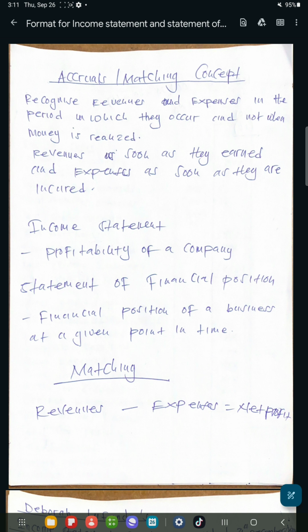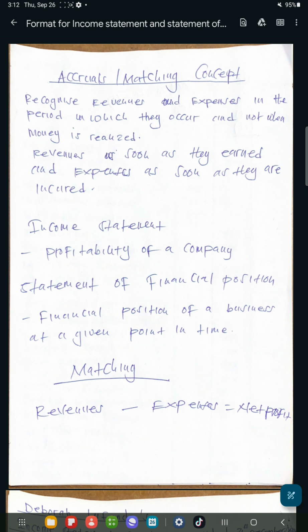Before you prepare any financial statements, such as the income statement, statement of financial position, the accounting ratios and cash flows, we always start with the trial balance. It is from the trial balance that we prepare the income statement and also the statement of financial position.